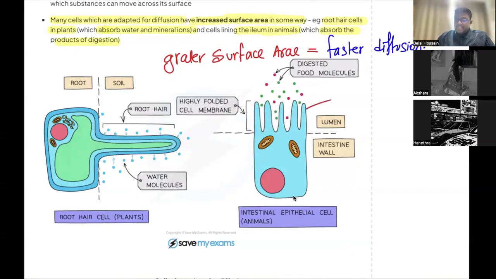So that is their cell adaptation. Here, the greater surface area is due to the root hair.